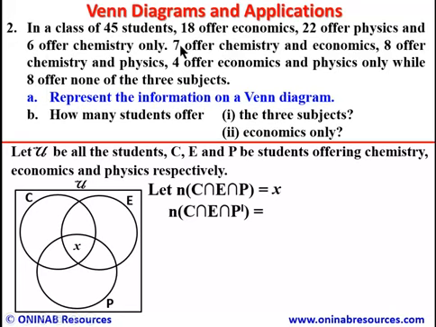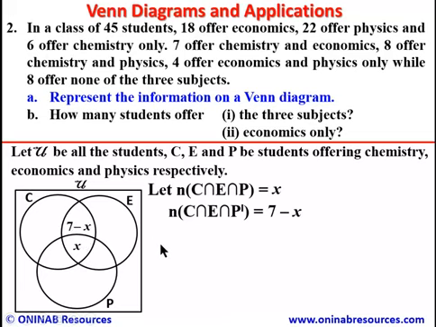Chemistry and economics, they are 7. Since they didn't put only, if they had put 7 offer chemistry and economics only, we just put it directly here. Since they didn't put only, we are going to remove the number of students offering the 3 subjects, so that we now have it as 7 minus X, and the region is this.